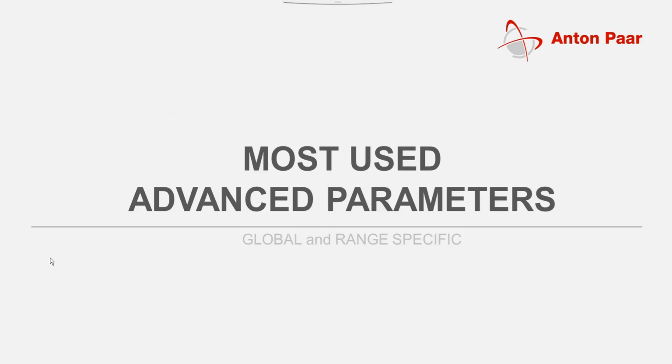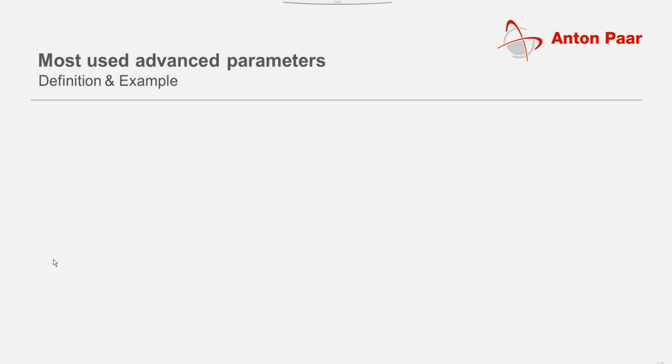A long list of parameters is available in the software. However, you won't need to use them all. There are some most commonly used advanced parameters, and in this webinar, I will focus on them. The simplest division is between global and range-specific parameters.